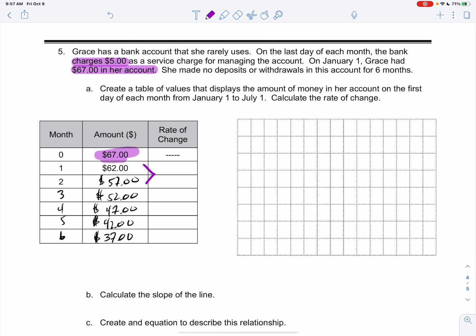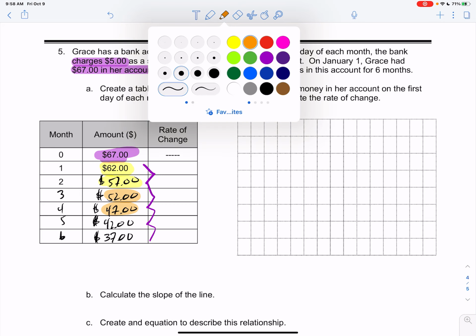Well, again, when you calculate this, when we do our rate of change here, we're going to go 57 minus 62, bottom minus top.